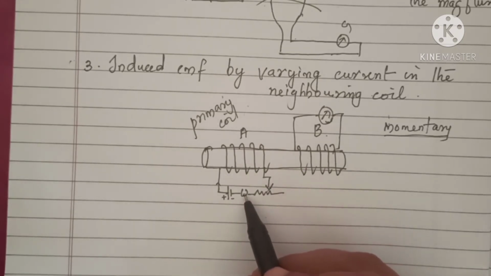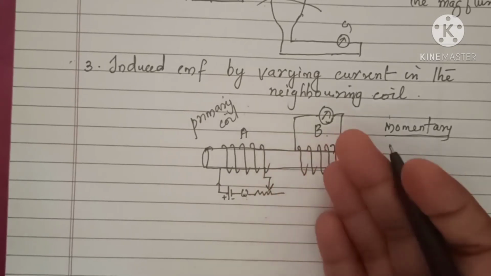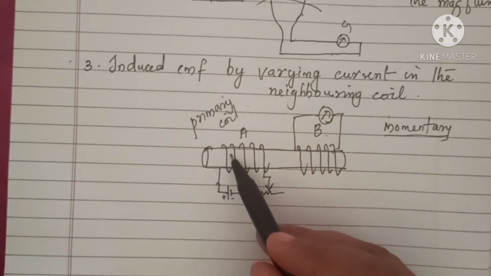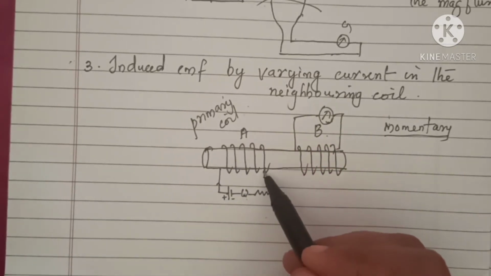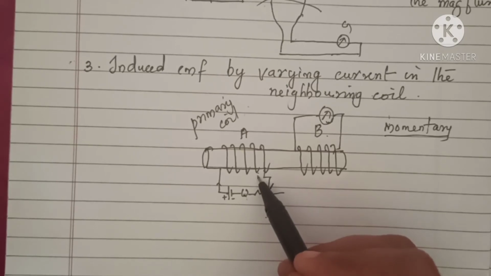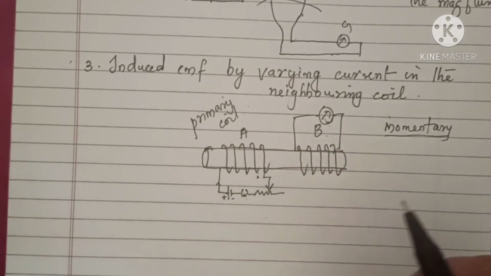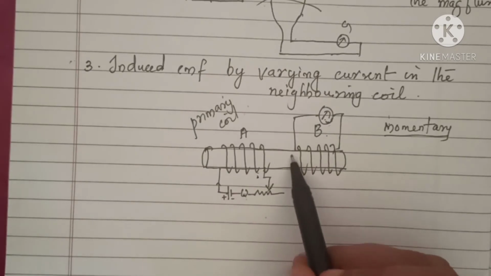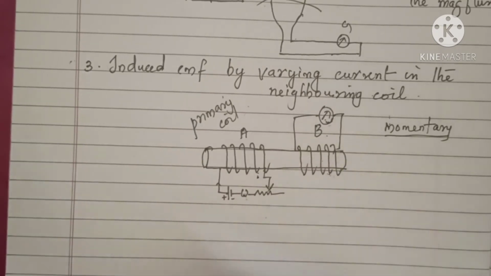That is, when you are pressing the key for a short period of time, surely current will flow through the primary coil, but the galvanometer is not showing any deflection, which indicates that no induced current is produced in this coil. Clear? That is the second observation.